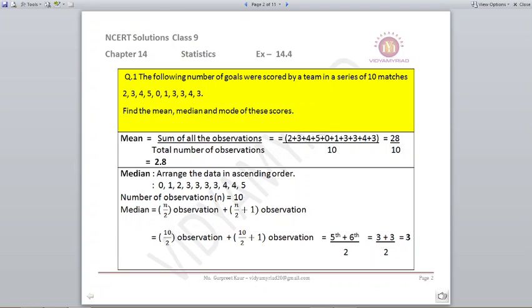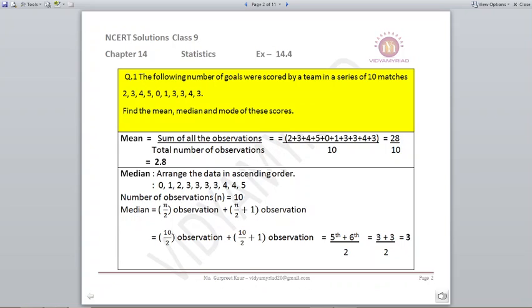So please remember, whenever you are calculating the median, first see whether the total number given to you is even or odd. In the case of even, you find n upon 2, then the n upon 2 plus 1 observation, and divide the sum by 2, and that gives the middle term.